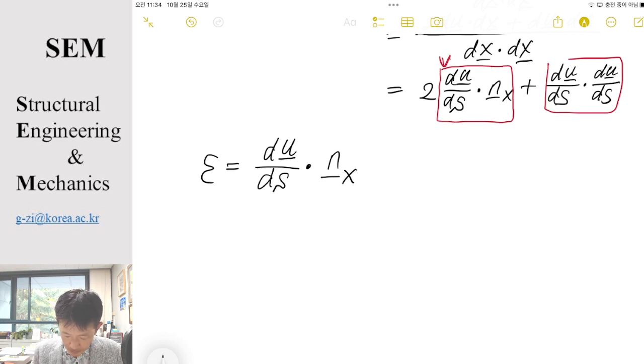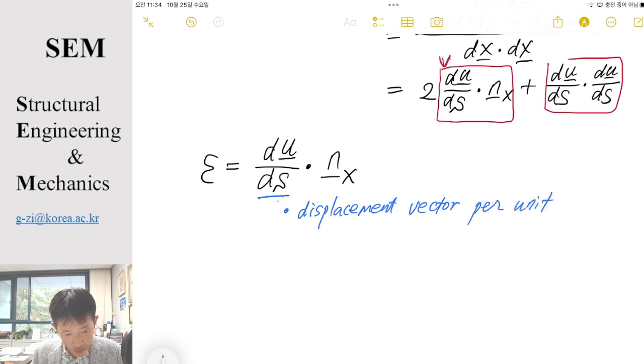The physical meaning of this term is, what does it mean? This is the displacement vector per unit initial segment. That's the physical meaning of this.